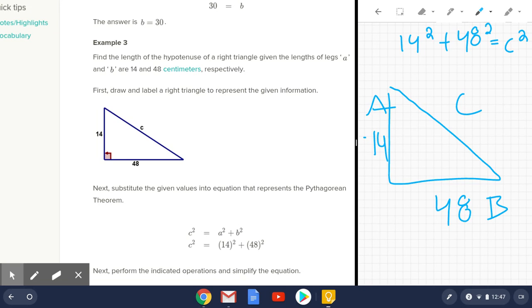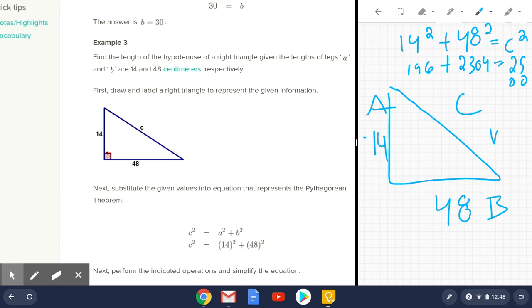So 14 squared, or 14 times 14, would get us 196. Plus, what's 48 times 48? 2,304. We add those both together, we get 2,500. So, what is the square root of 2,500? Let's forget about the zeros. What's the square root of 25? It would be 5.